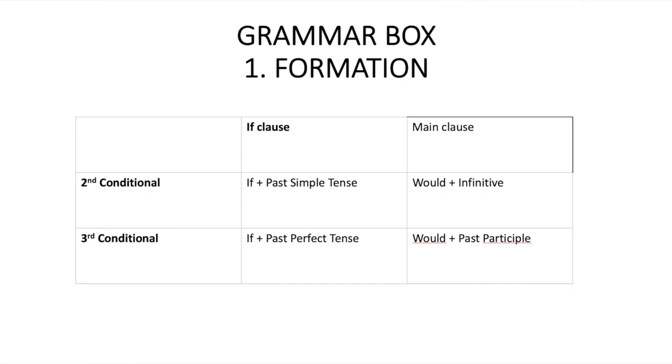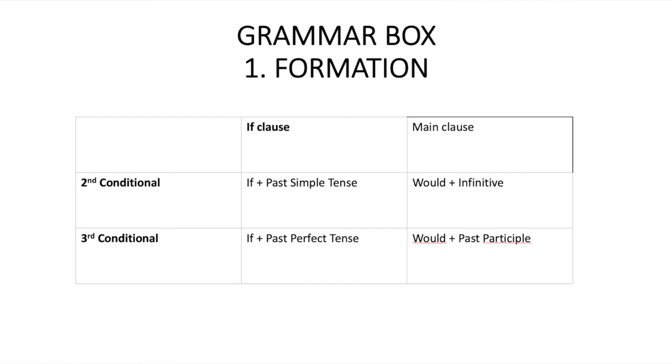Here, in the if clause, the verb is in the past perfect. And in the main clause, we have would. This is how we form the conditional second and third form.